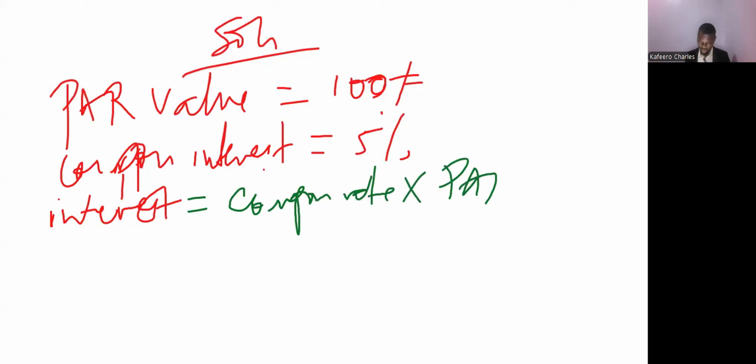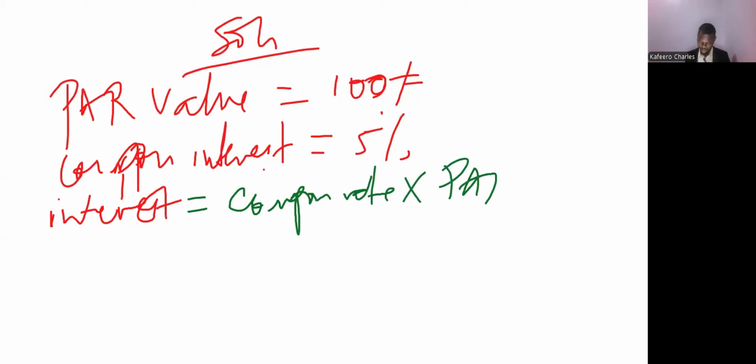Now, they have also given us the redemption value, because we know we are redeeming. But now you need to understand there are issues at redemption, because you can redeem at par, you can redeem at a discount, and finally you can redeem at a premium.